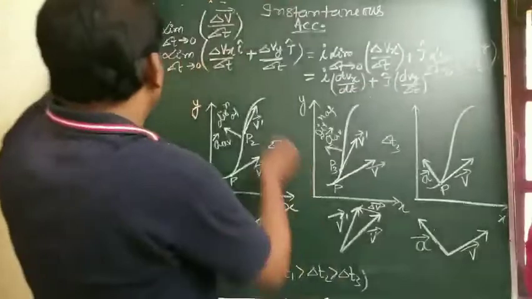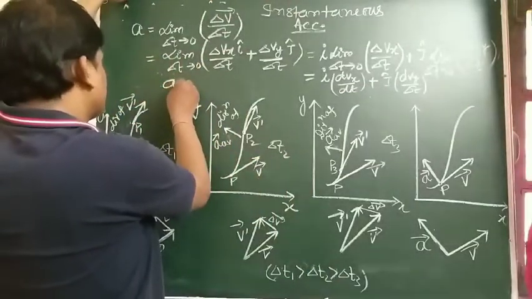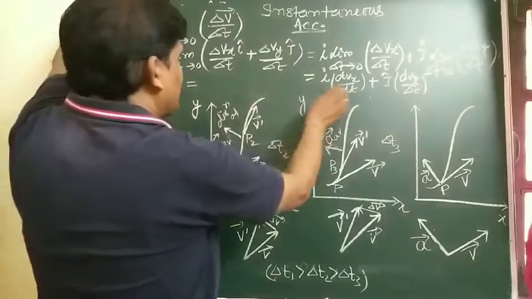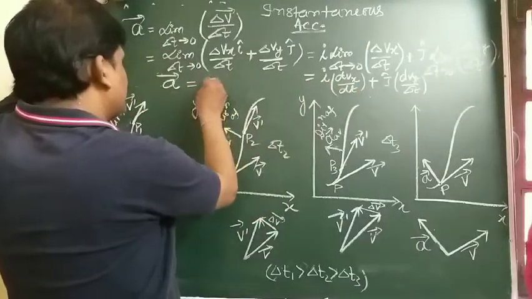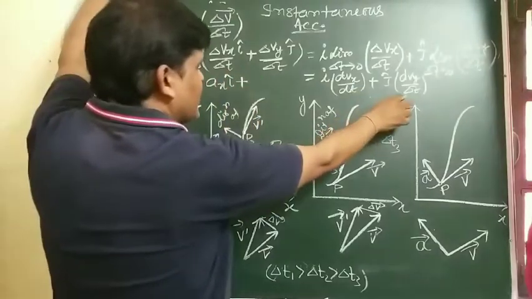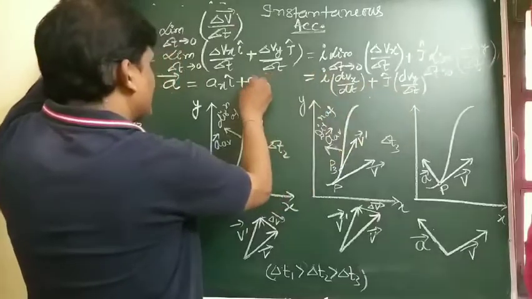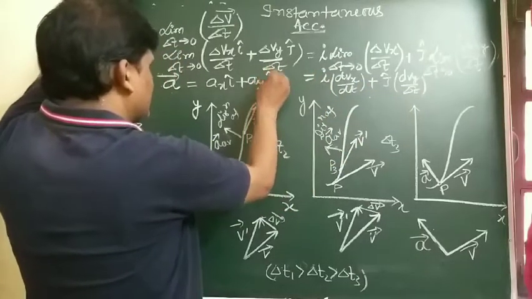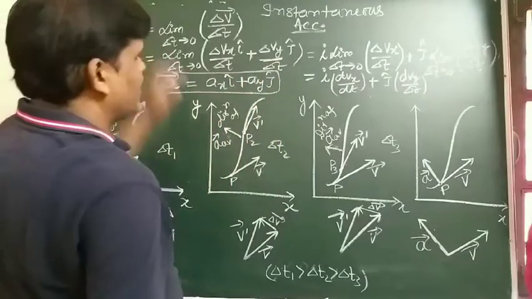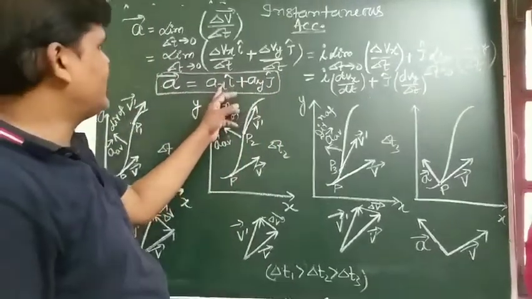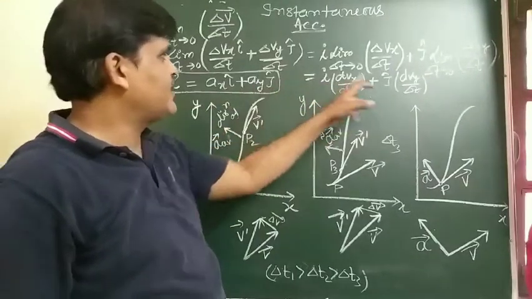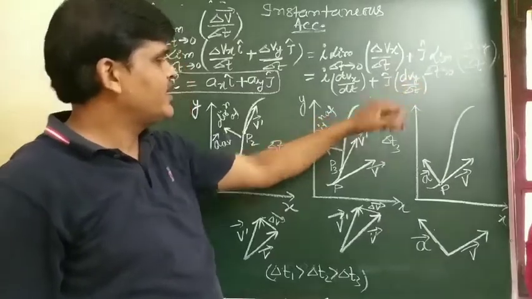and dvy by dt along the y-axis. So students, here vector a can be written as ax i cap plus ay j cap, and the value of ax is dvx by dt, and ay can be written as dvy by dt.